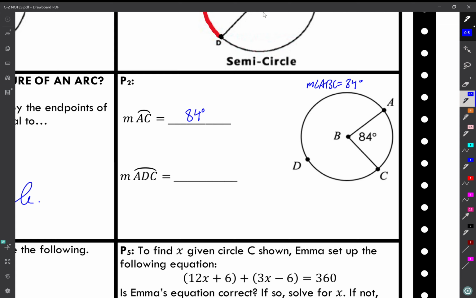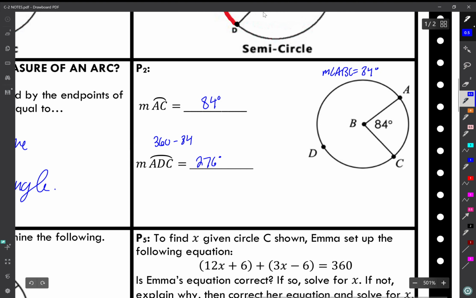So we're going to subtract that 84 degrees from 360, and that'll give us our answer for the measure of arc ADC. 360 minus 84 is equal to 276 degrees. And that's my arc measure here.